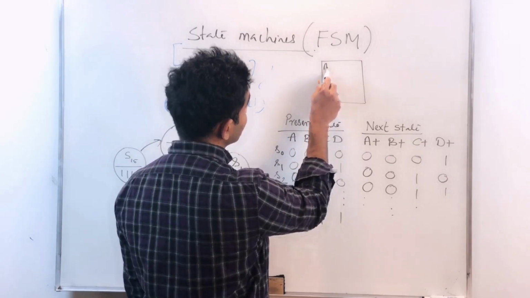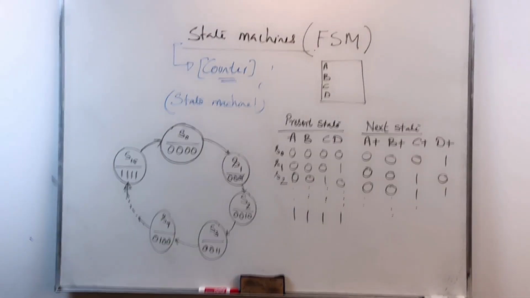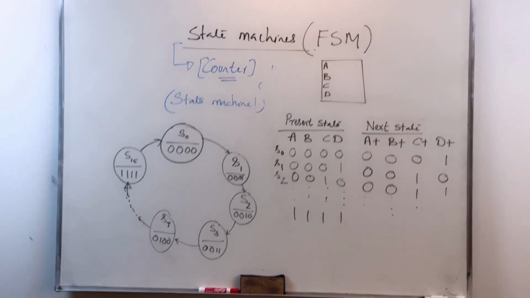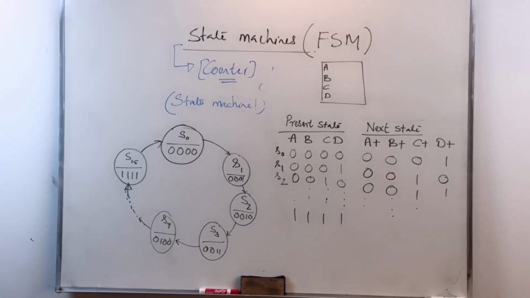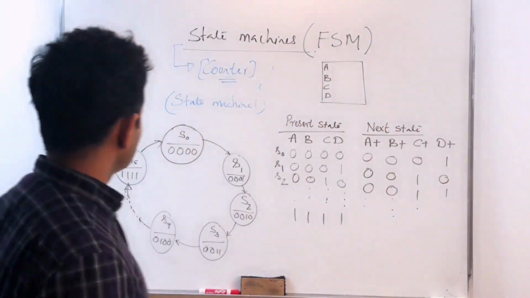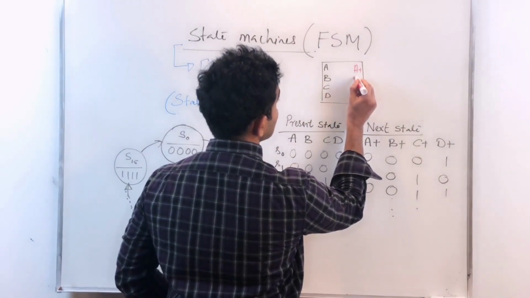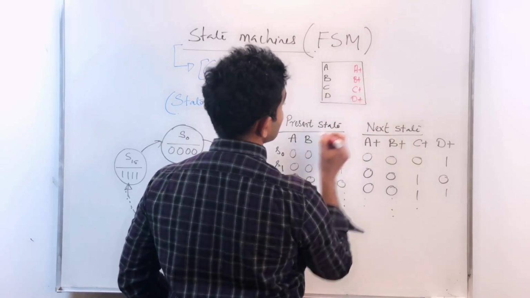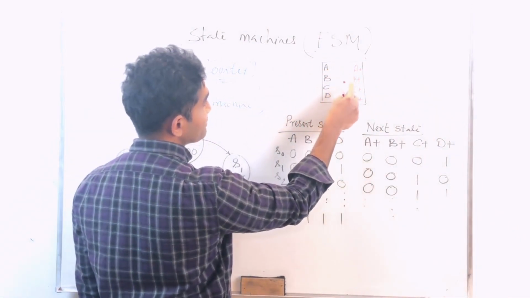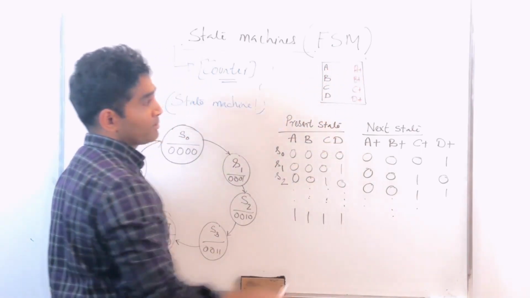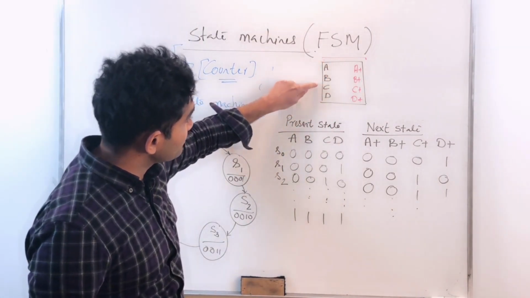The only things I have are my present state values A, B, C, and D. The next state, A plus, B plus, C plus, D plus, and of course you need to design this combinational block, the relationship between A plus, B plus, C plus, D plus with A, B, C, and D, because each of these outputs are functions of A, B, C, and D in this combinational block.